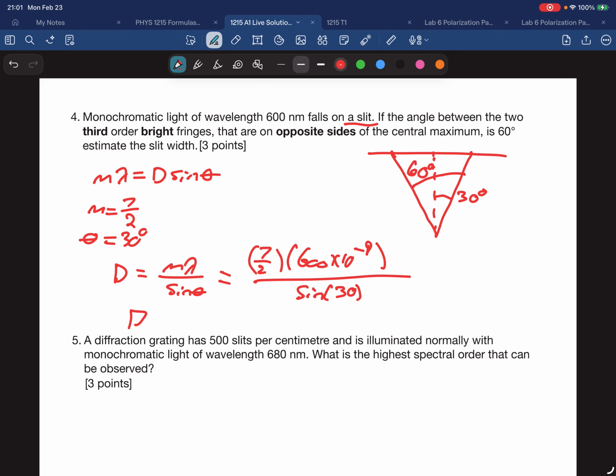Now, plugging this all in, you should get something about 4.2 micrometers, or about 4.2 times 10 to the negative 6 meters. Something around there.